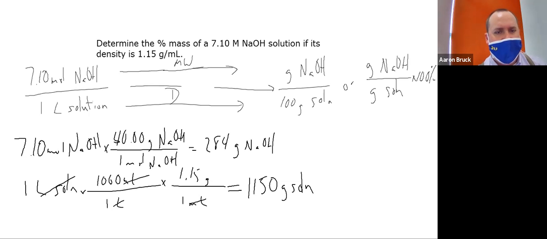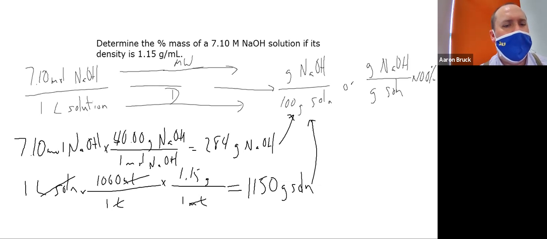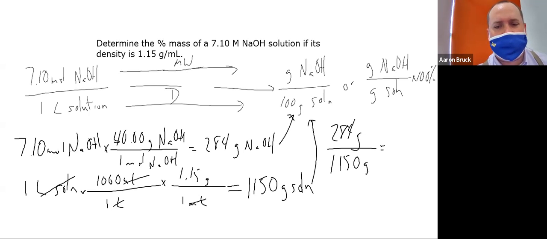Now, we could take these numbers and recalibrate them to this, but that's way more complicated than it needs to be. Basically, I'd have to figure out what number to divide each of them by to get it from 1150 to 100. I could do it. I could set up a proportionality. 284 grams over 1,150 grams is equal to X over 100 grams.